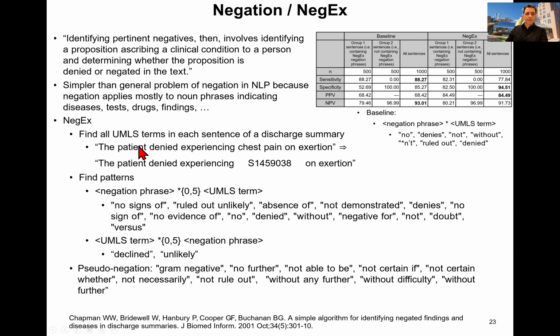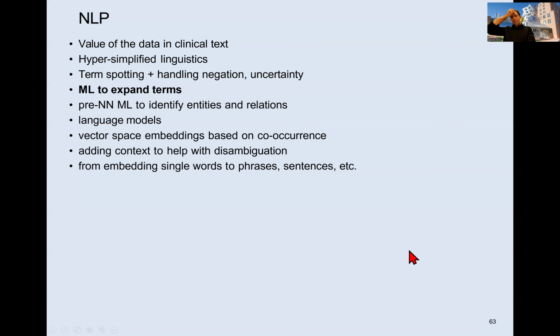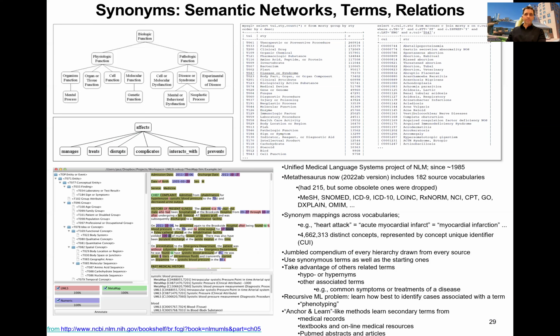The number of phrases associated with negation is just exploding. No signs of, ruled out, entirely unlikely, absence of, not demonstrated, denies, no evidence of, denied, without, doubt, versus, etc. So a lot of these things now have to be taken explicitly.